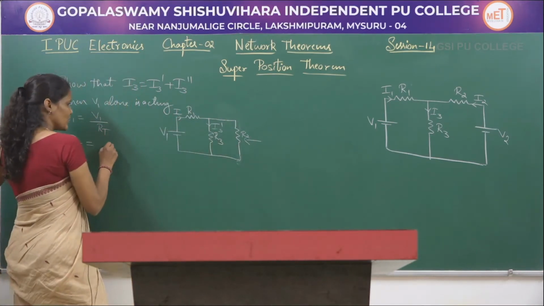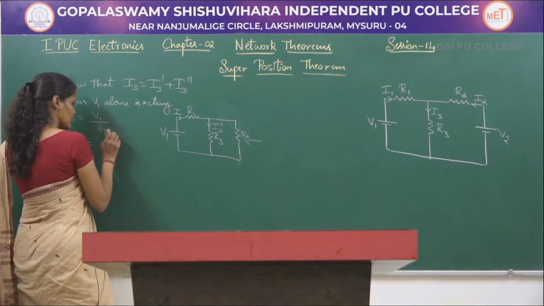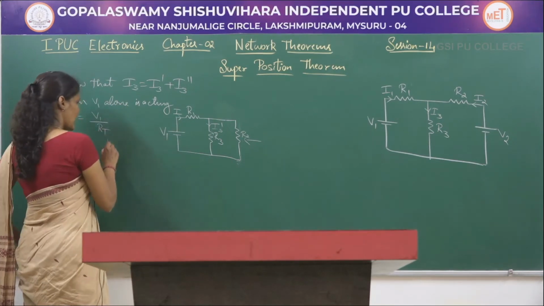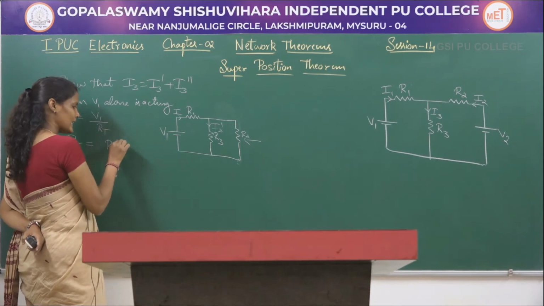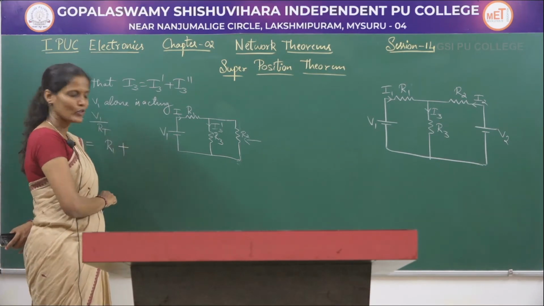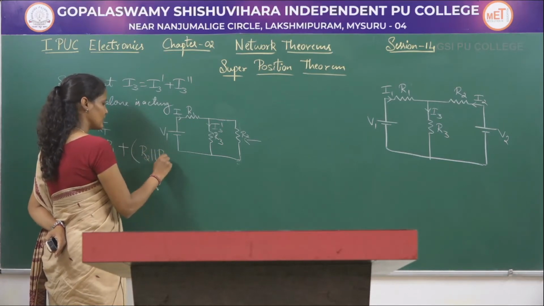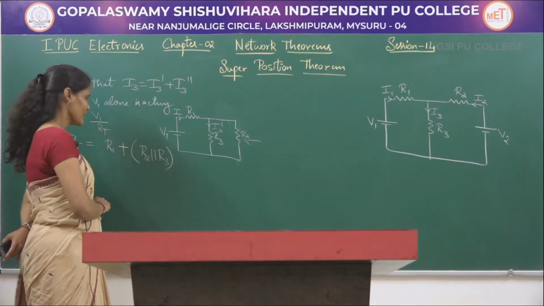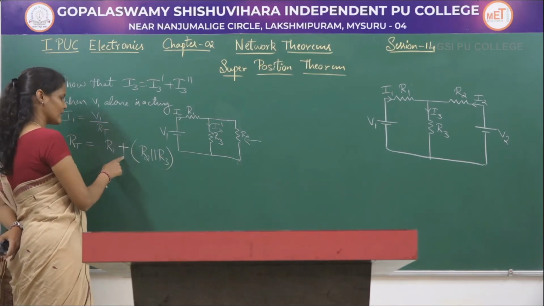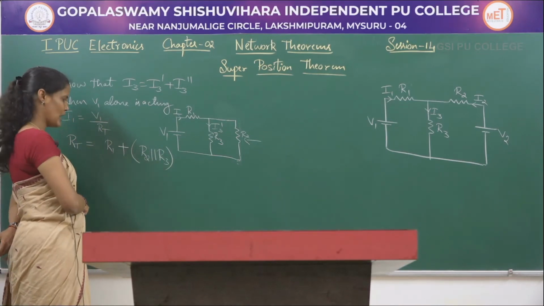R1 is in series, so I am just going to add it with a parallel combination of R2 and R3. So RT is equal to R1 plus R2 parallel to R3.